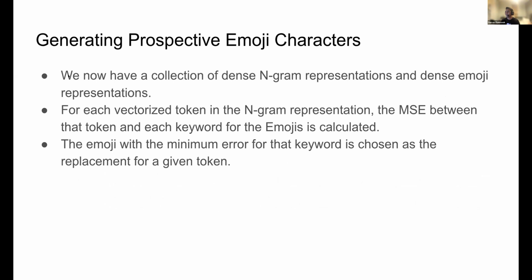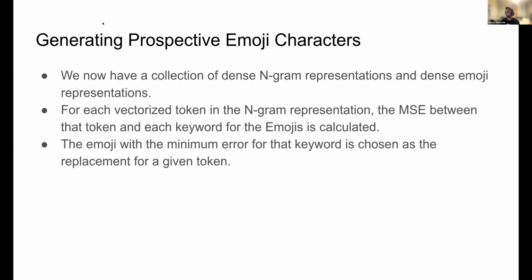So to generate prospective emoji characters, we now have a collection of dense n-gram representations and dense emoji representations. So for each vectorized token in the n-gram representation, we use the mean squared error between that token and each keyword for the emojis. And then the emoji with the minimum error for that keyword is chosen as a replacement.